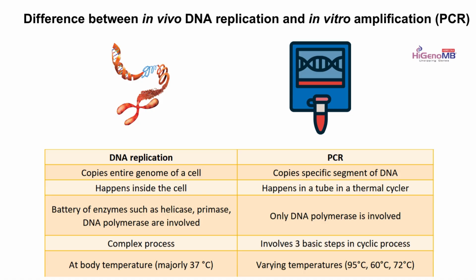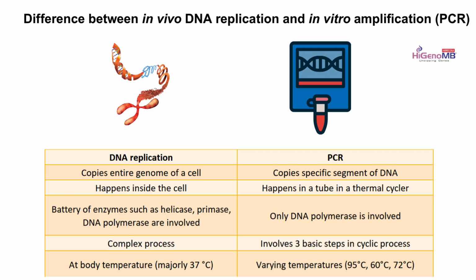If you take a human cell, during DNA replication there are a battery of enzymes such as helicase, primase, and DNA polymerase involved in a complex process, and it copies the entire genome into one more copy. That is, at the end of replication, 2 identical copies are produced. And all of this occurs at body temperature.